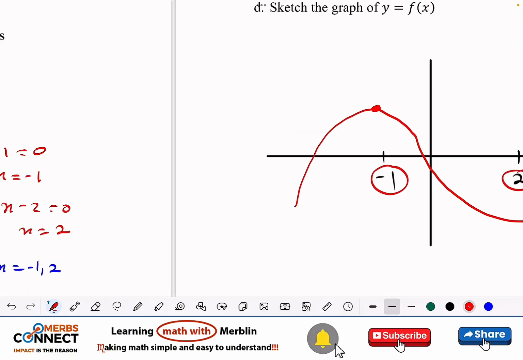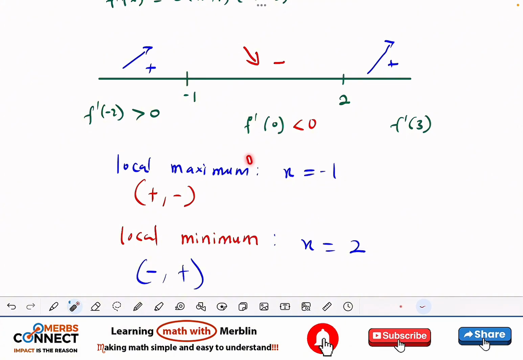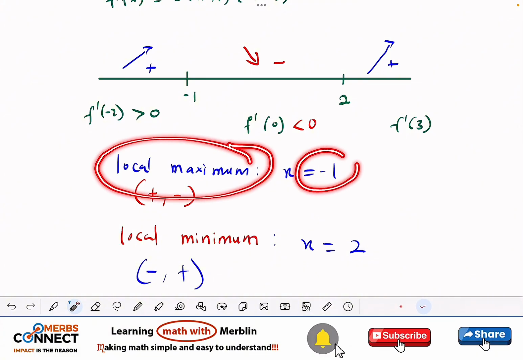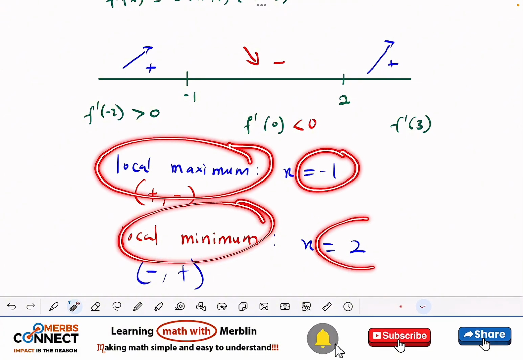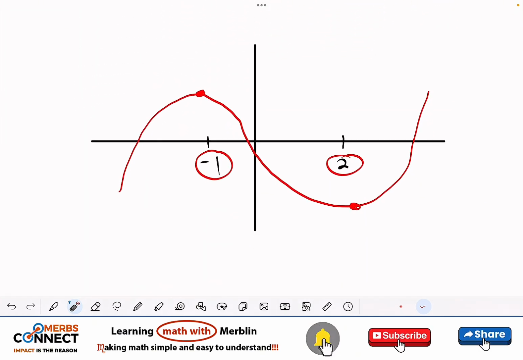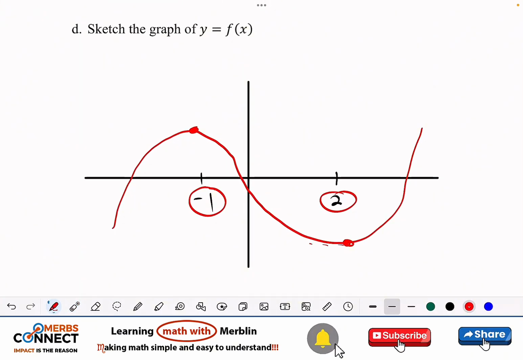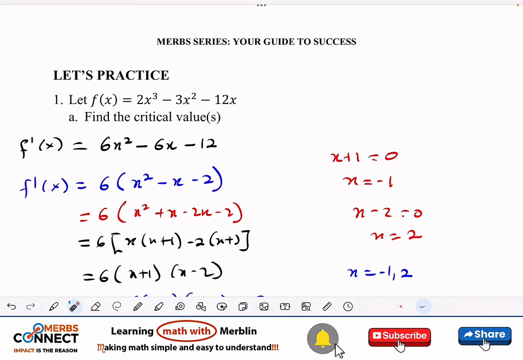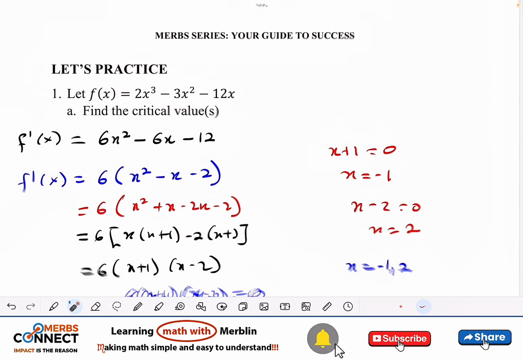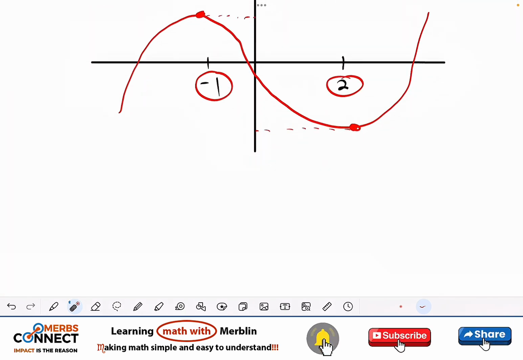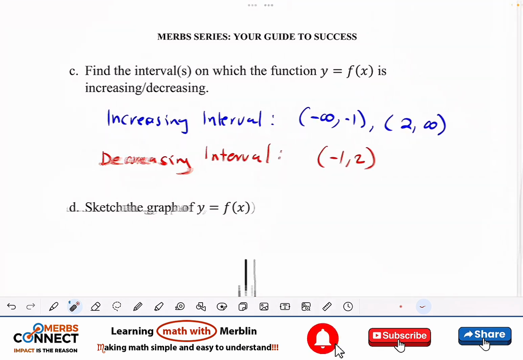So that is basically what we're talking about here. So at -1 local maximum, at 2 local minimum. But the value that you are going to get from here and the value from here is when you plug in -1 and 2 inside the original function to give you the y value. Good.